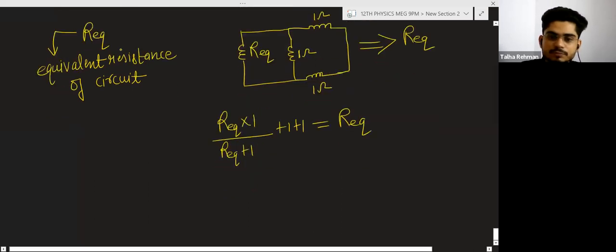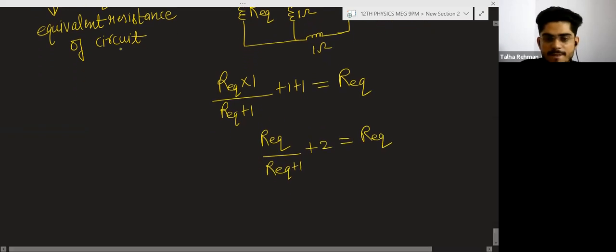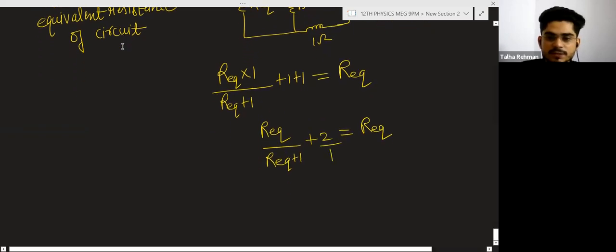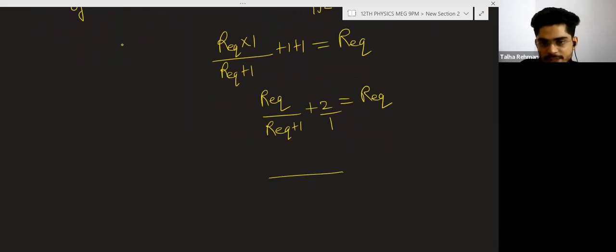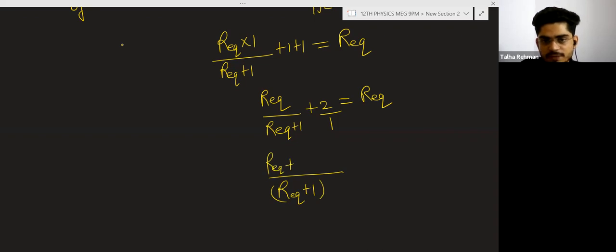So this is R equivalent divided by R equivalent plus 1, this is 2, this is R equivalent. Take the LCM, which is R equivalent plus 1. When you multiply this, it will become 2 times R equivalent plus 2, and this will become equal to R equivalent.